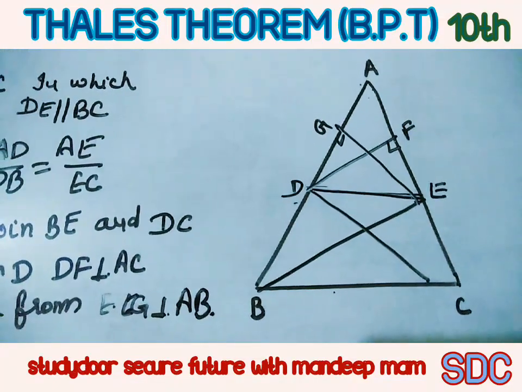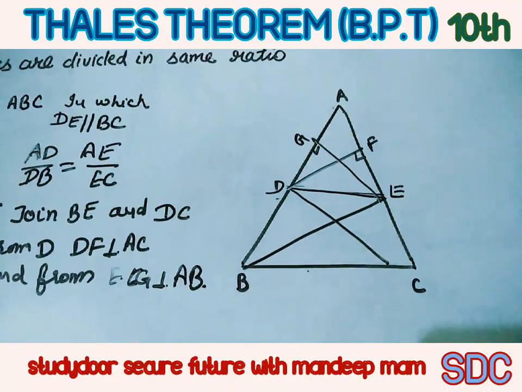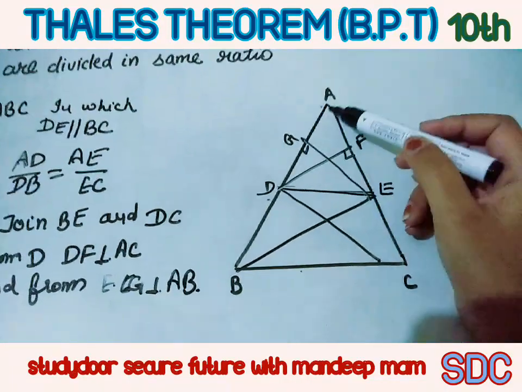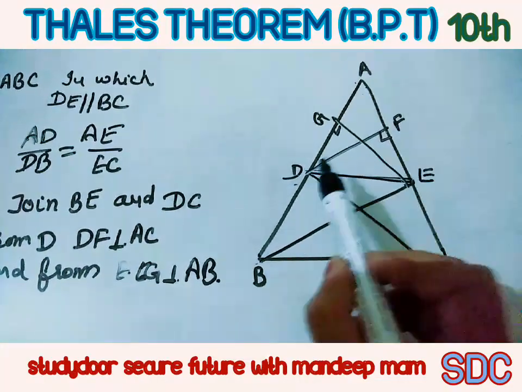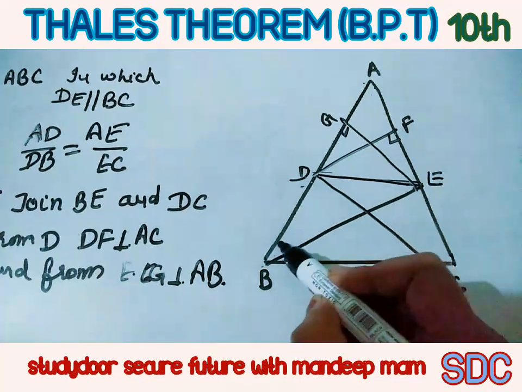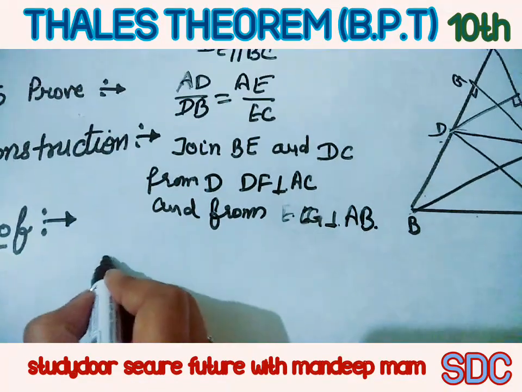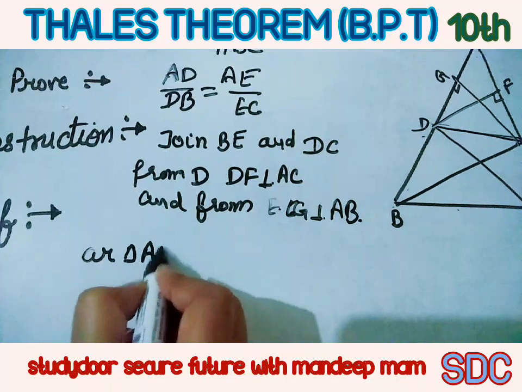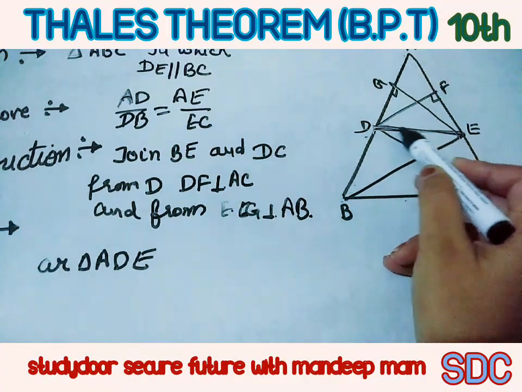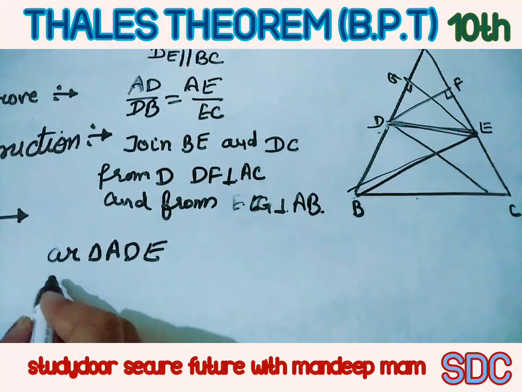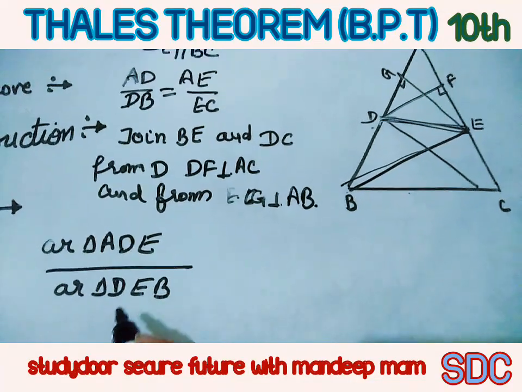Now we have to prove our theorem. No need to cram the theorem. We have 4 steps in this theorem. First of all, we have to find out the area of triangle ADE. After that, BED, and after that, DCE. You have to find out the area of these three triangles. Write it. Area of triangle ADE, upper side of triangle. After that we will take the triangle DEB, area of triangle DEB.